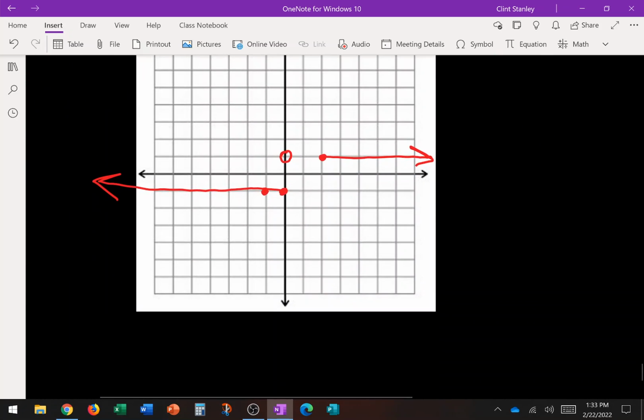So we'll have an open circle there, and then everything else will have graph there. So not my best drawing, but we'll have this and this. Closed circle at the bottom, open circle at the top. Ugly.